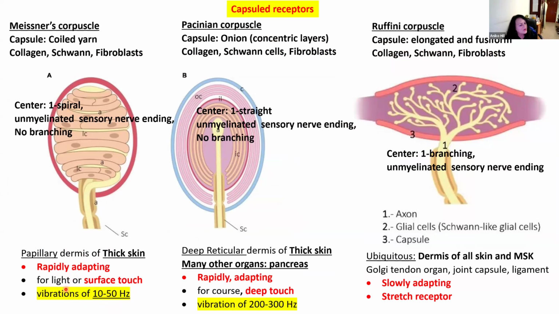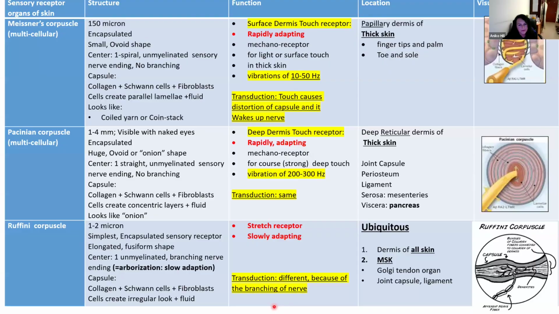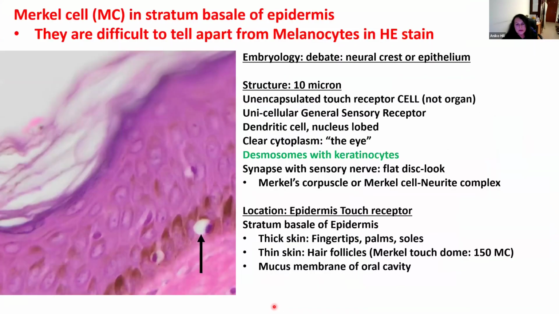So very light touch and very slow vibration can activate it, as opposed to the deep reticular dermis where the Pacinian corpuscle is. You need a really big stimulus and a very big vibration to wake this guy up. So here we go. Because this guy is so sensitive to everything, I think it needs to be anchored so it doesn't move from anything other than the incoming touch stimulus.